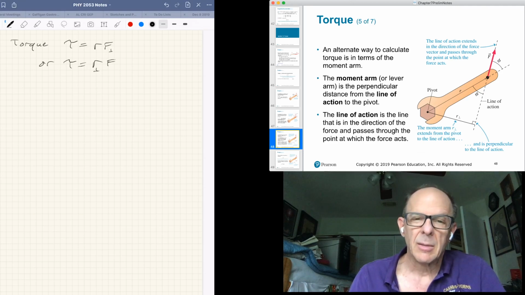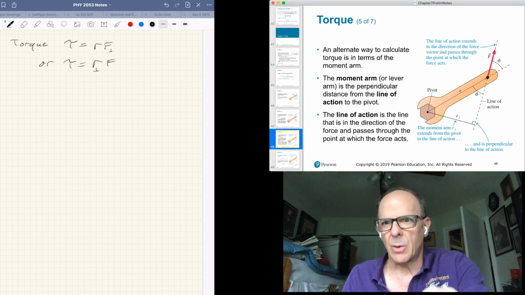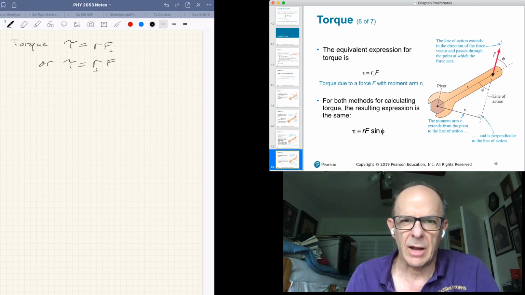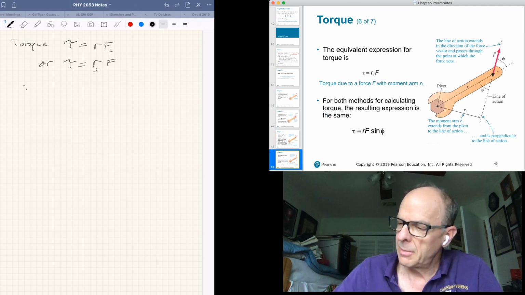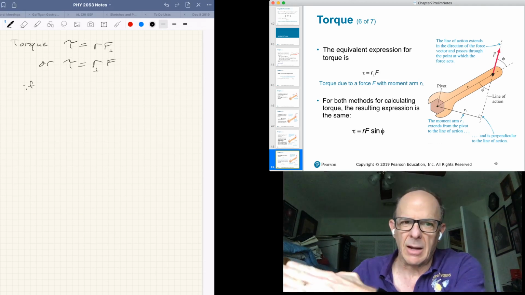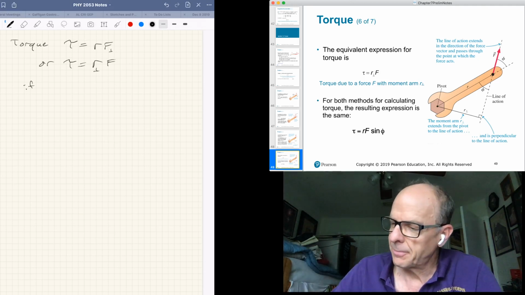And again, please don't just remember, oh, it's times sine of phi, because that's true when the angle is drawn the way it is, but that's not necessarily the angle that you'll always be given. But if you've got the angle between the force and that lever arm vector, then it is rF times sine phi.